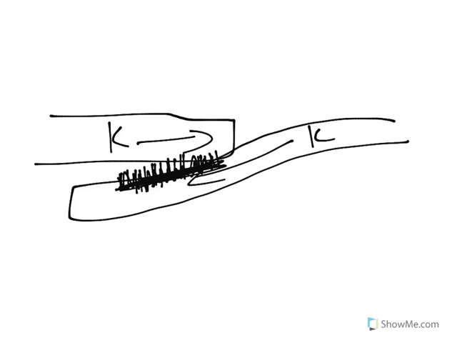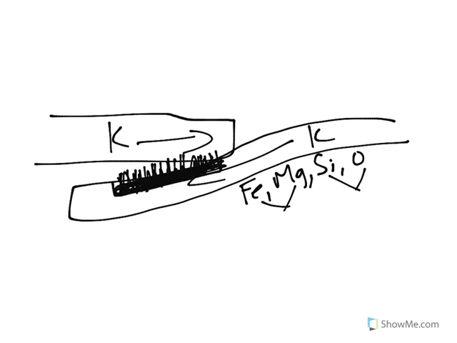So again, before we go any further, I want to reiterate what's in the komatiite plate. We have iron, we have magnesium, and we will have some silica and some oxygen. Remember, we learned about these. Iron and magnesium love each other and they always stay together, and silica and oxygen love each other and they always stay together. So let's think about this. If we're going to melt the top portion of this downgoing plate, which of these elements is going to melt first?